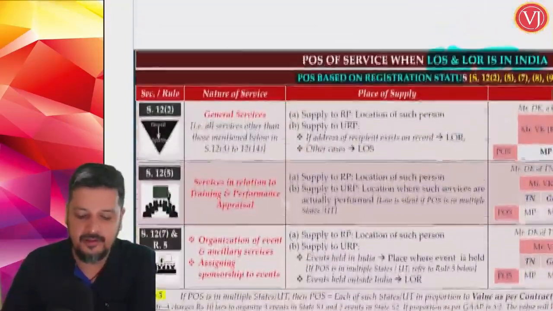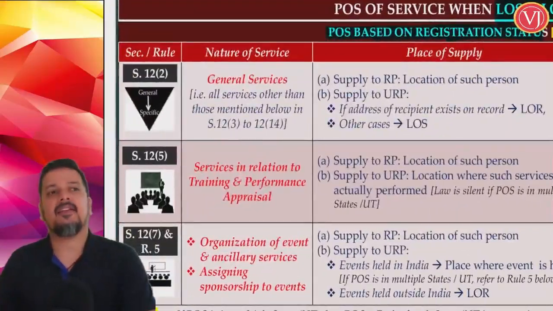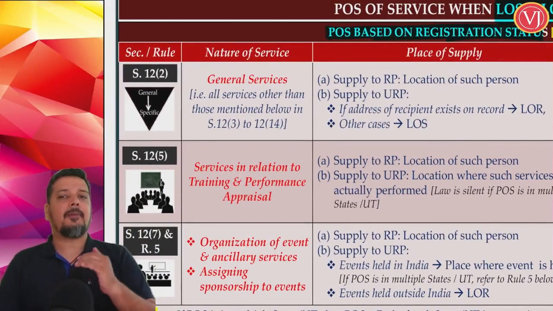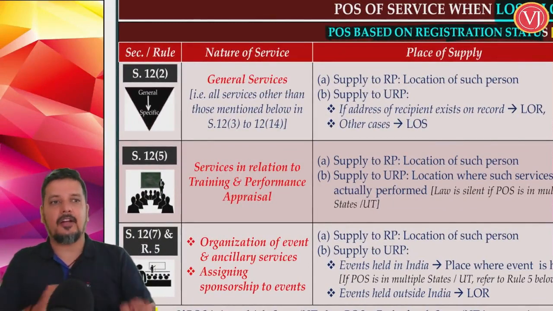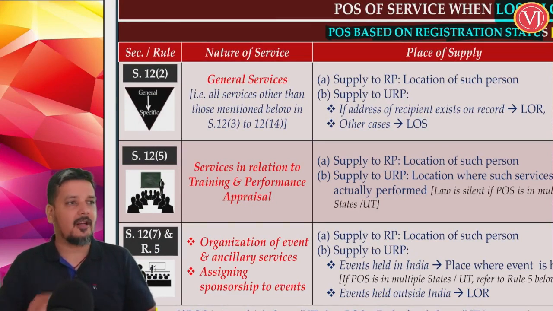Now, when you talk about place of supply where the answer is based on registration status of the recipient, there is a general case. If a particular service is not covered anywhere, you will come here. If it is covered in special cases, you will not come here.